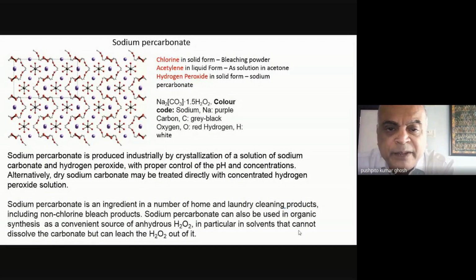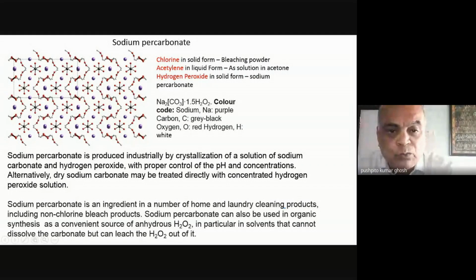Now look at this amazing property of soda ash. When you react soda ash, which is a solid, with hydrogen peroxide, which is a liquid, suppose you're crystallizing the soda ash in the presence of hydrogen peroxide, what happens is that the hydrogen peroxide gets incorporated in the structure of soda ash.